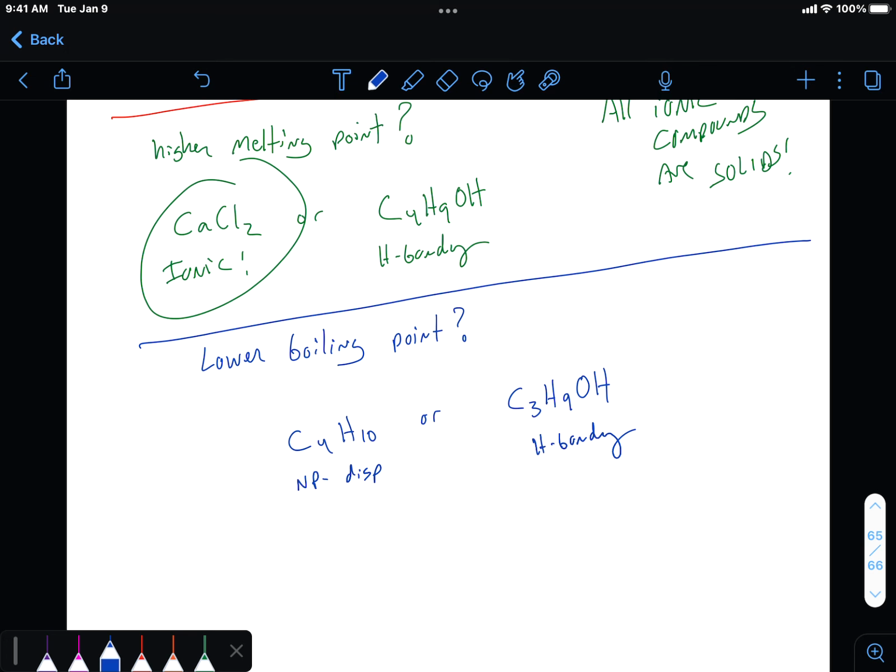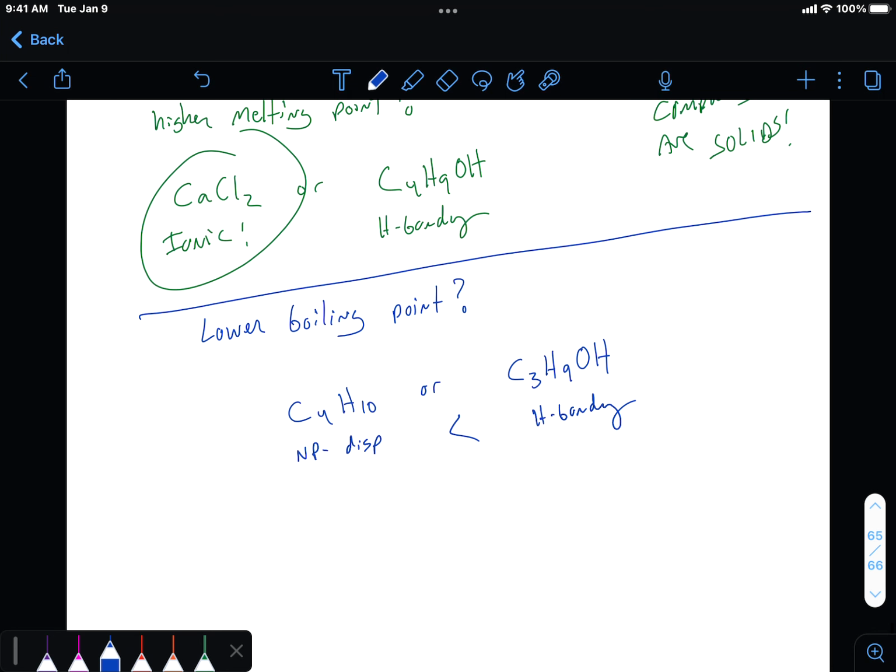What specifically about it? It's a simple statement. Don't overthink it. Because it's weaker than hydrogen bonding. Yeah. Dispersion forces are weaker than hydrogen bonding, right? Weaker intermolecular attraction, lower boiling point.